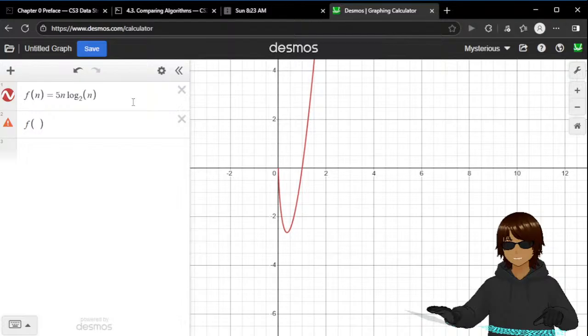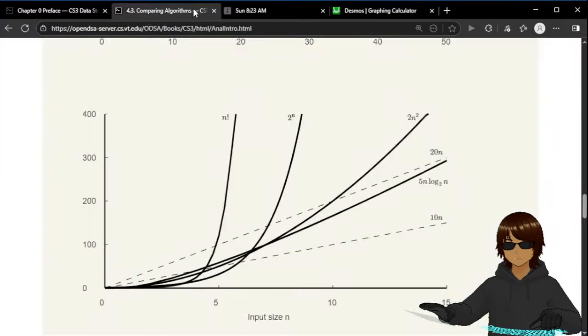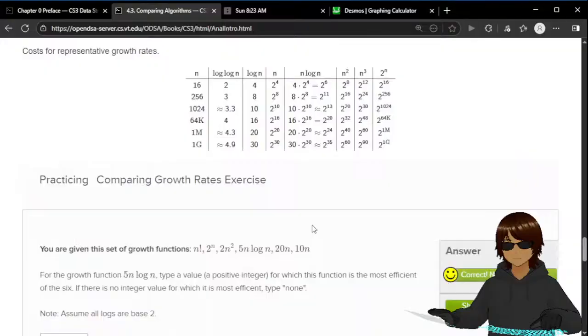Log base 2 of n. Is this graph drawn wrong? 1 is 0.